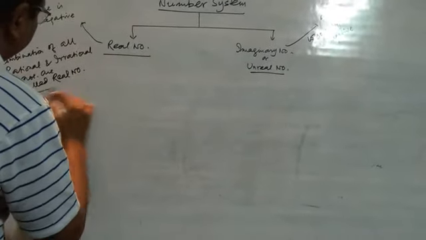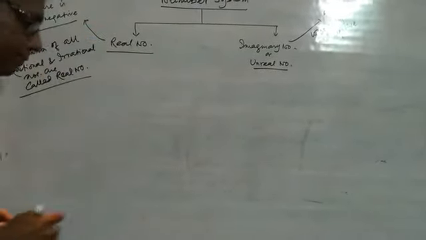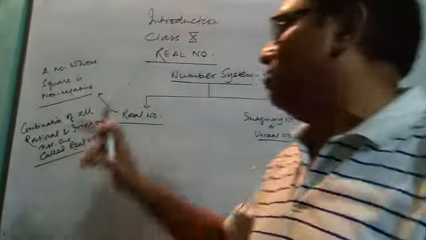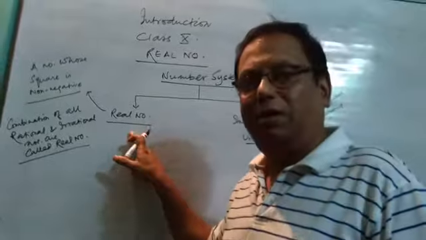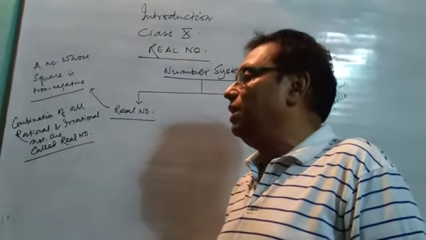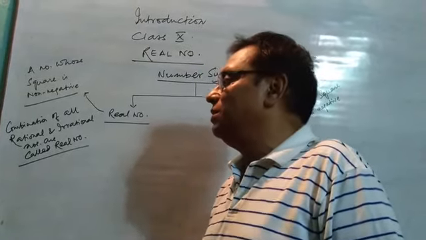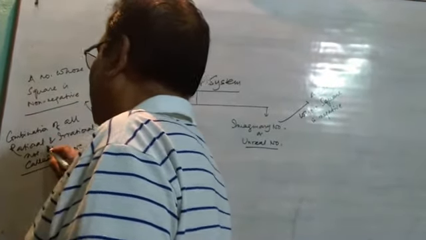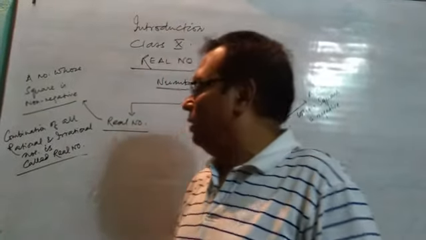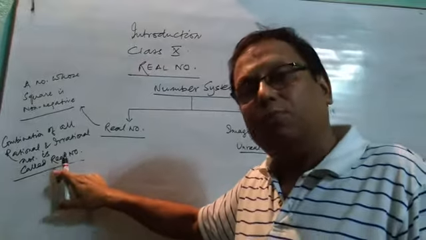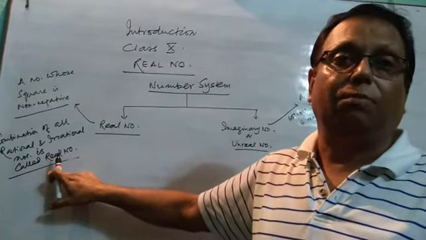So two definitions we are finding. One is, a number whose square is non-negative is called a real number. The second one is, a combination of all rational and irrational numbers is called a real number. This is known as the composition definition of the real number.